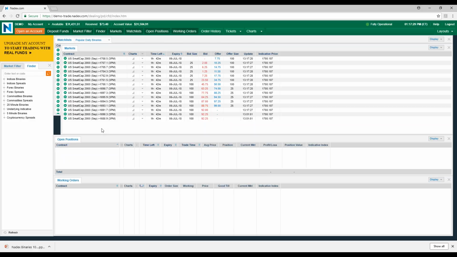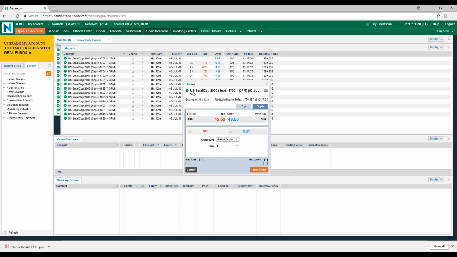So let's talk for a minute about what a binary option contract is. All a binary option contract is, is simply a statement. What does this statement say right here? That the U.S. Small Cap 2000, based on the September futures contract, will expire greater than 1700.1 at 3 p.m. today.